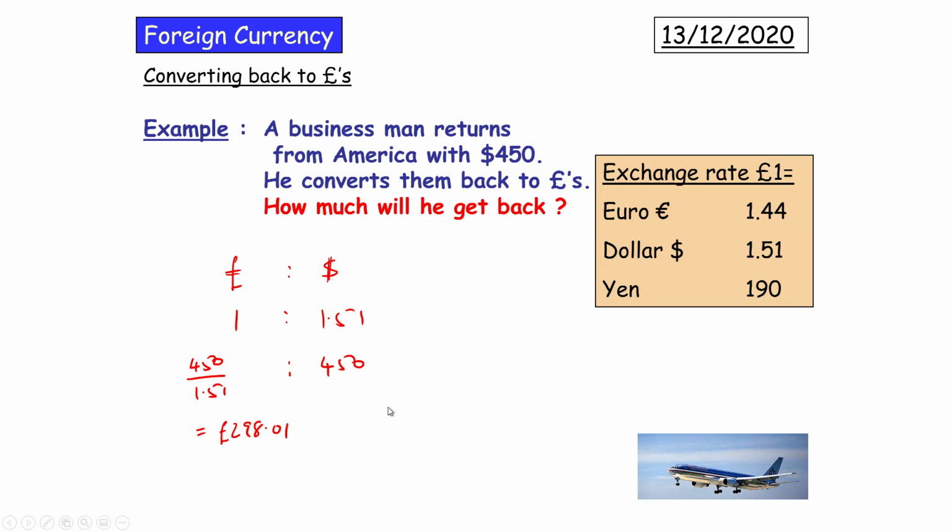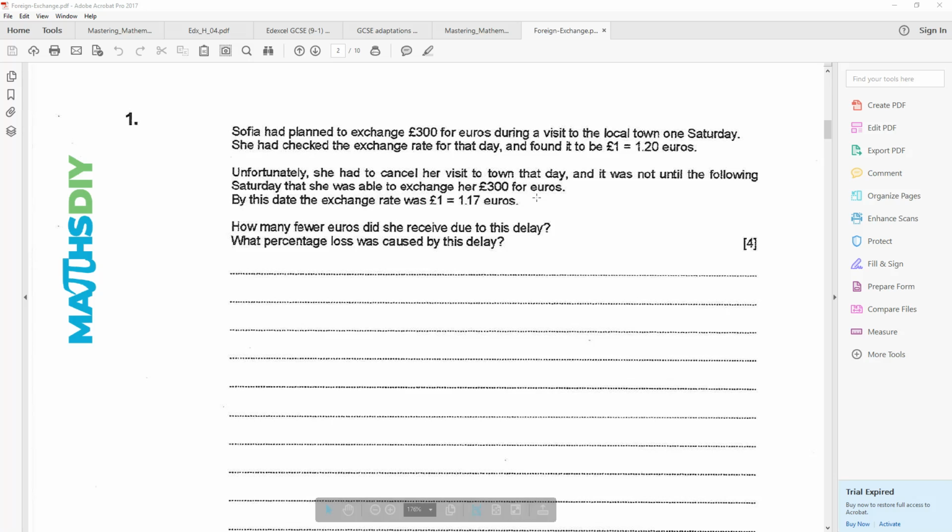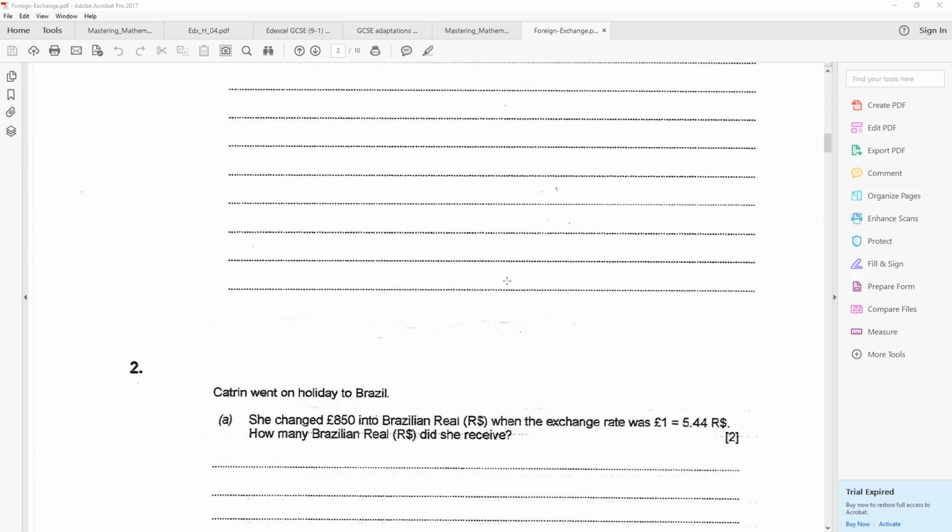So, as normal, hit pause, copy the example down, and I've got some classwork for you to do. For your classwork, you can either print off the sheets, which are also attached to the assignment, or you can read them and work them out in your book. It's entirely up to you.